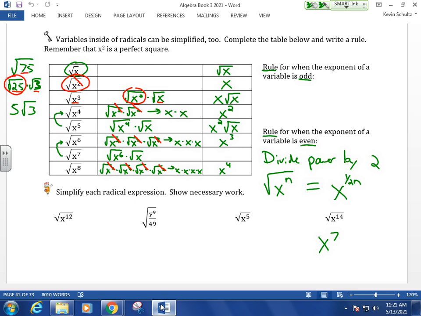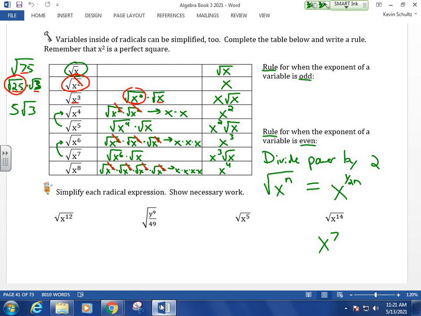Because to get 7, I've got 6 of them plus 1. That gives me the 7. And what do I know about the root of x to the sixth? Since it's an even power, I can just divide it by 2. And so I've got my x cubed here. And then I add on my additional root x. So every time you have an odd power, you're always going to have a root x tagged along at the end.